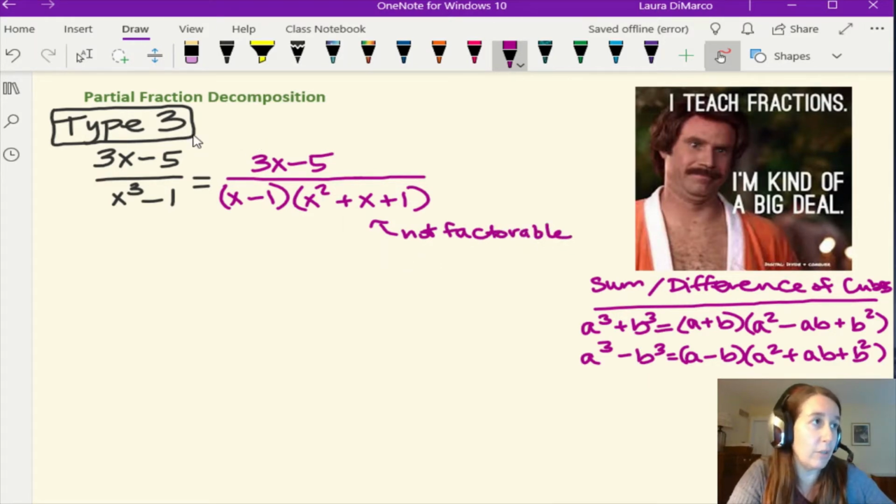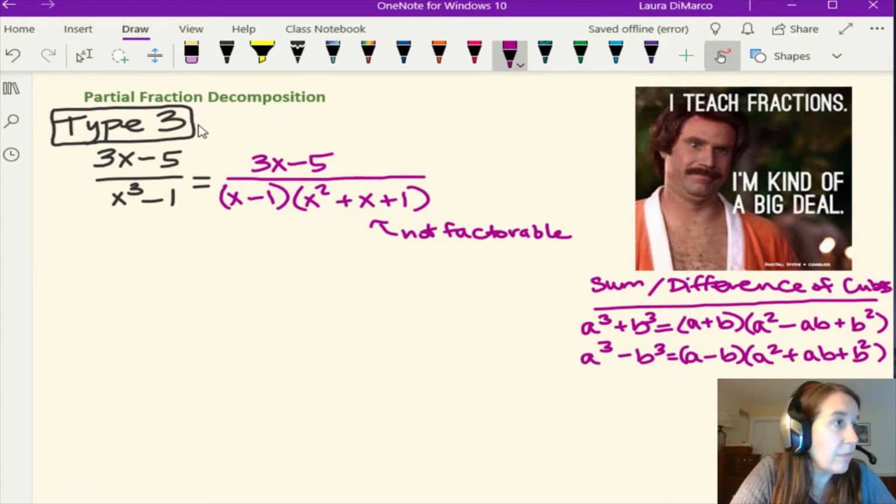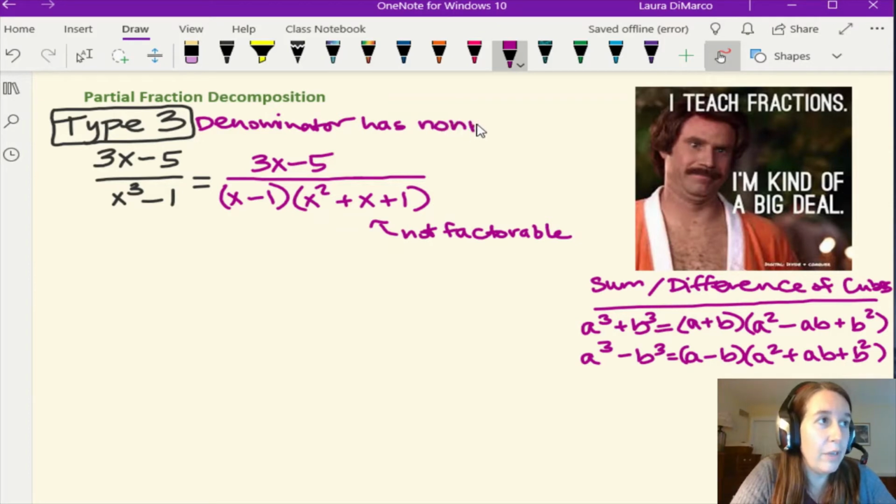Okay, not factorable. So case 3 happens when the denominator has a non-repeated, irreducible, quadratic factor.